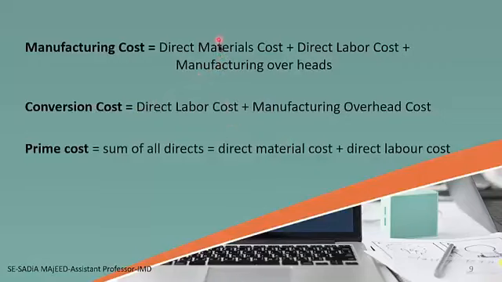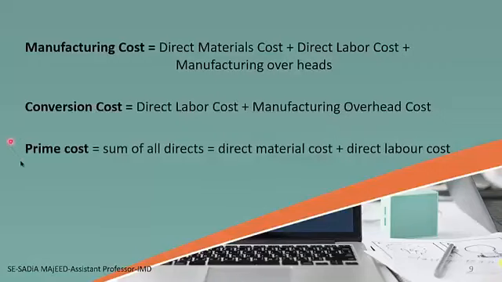So the cost of converting this material into the final product is known as the conversion cost. It is based on the labor which converts the material into the final product, and manufacturing overheads, that means the process which is required for the conversion.